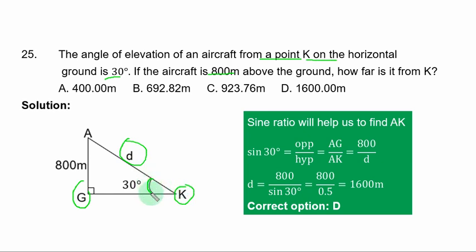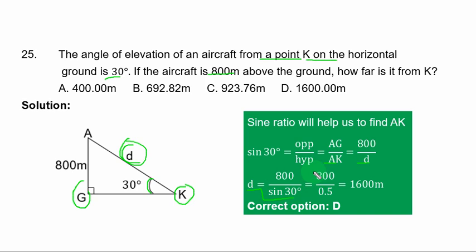By this, what we are to use is sine, because you have the opposite and you are looking for the hypotenuse. Sine 30 degrees is opposite over hypotenuse, that is AG over AK, and you have 800 over D. If you make D the subject, you have D equal to 800 over sine 30 degrees.